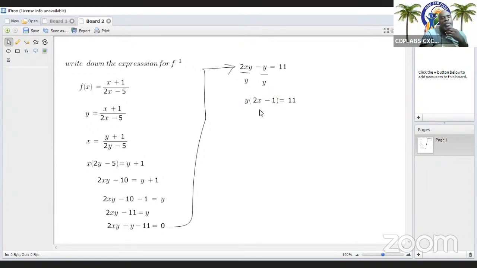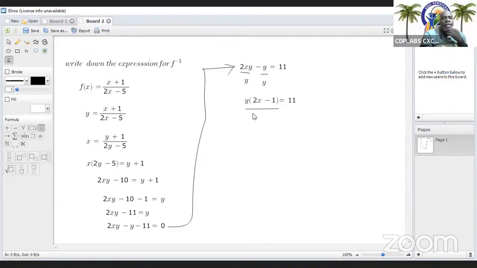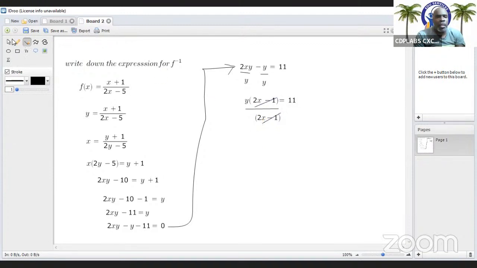So we can now divide this side by 2x minus 1. We want y to be by itself. Then we cancel this with this, and y is going to be by itself.